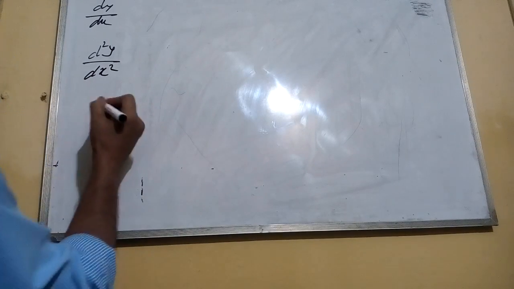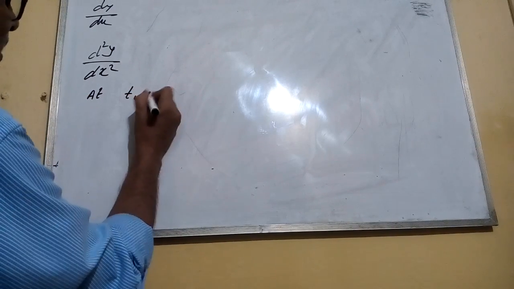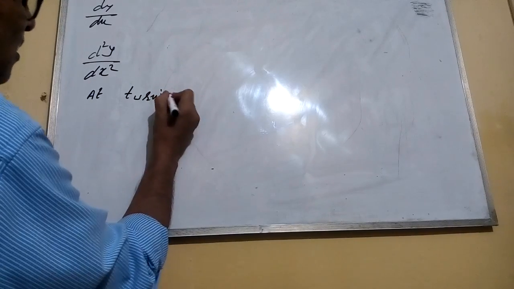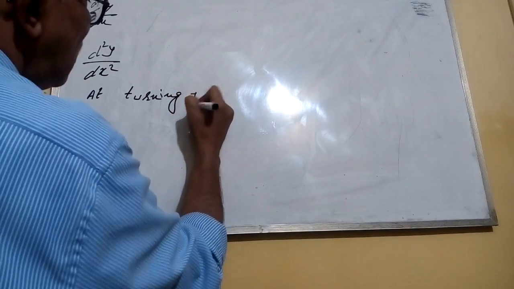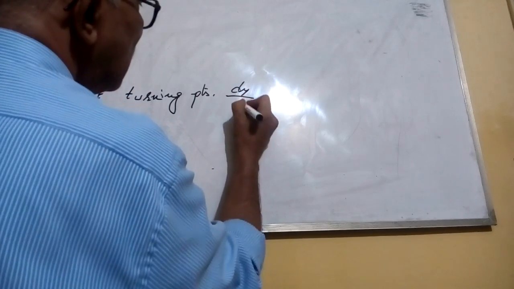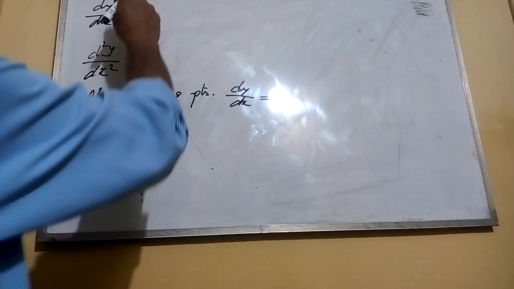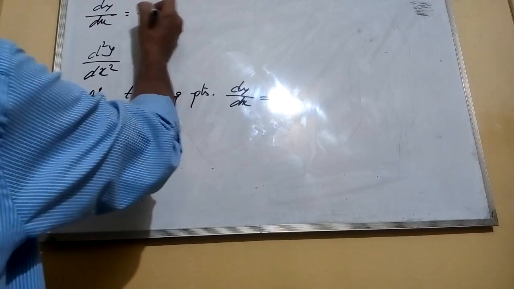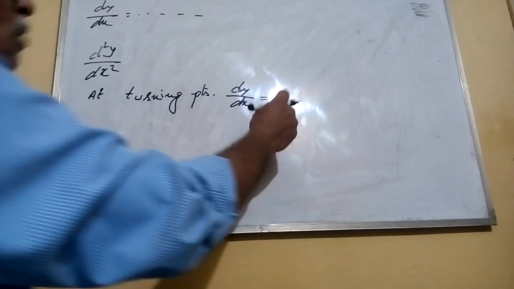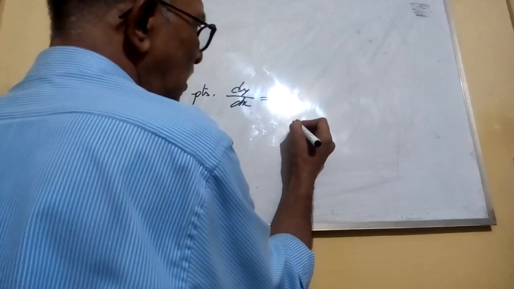Then say at turning points dy/dx equals 0. So put the value of dy/dx, whatever you got, equal to 0, and solve for different values of x.